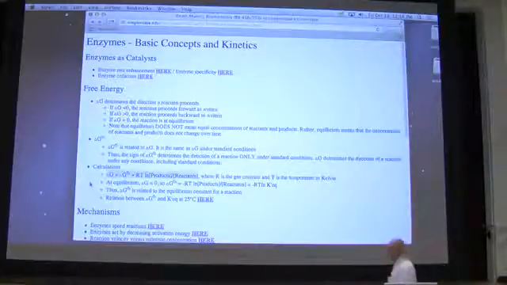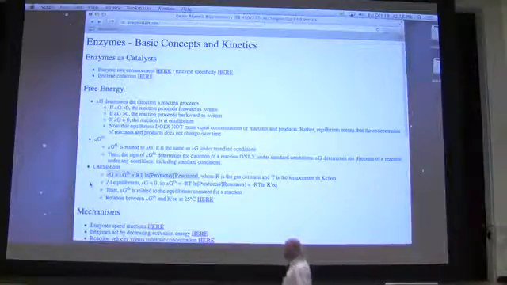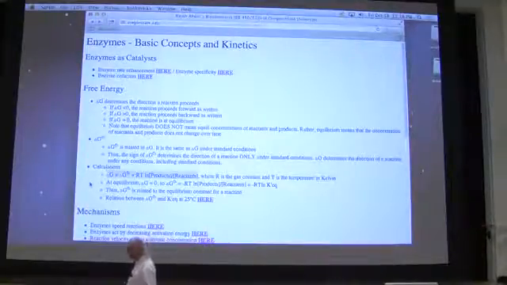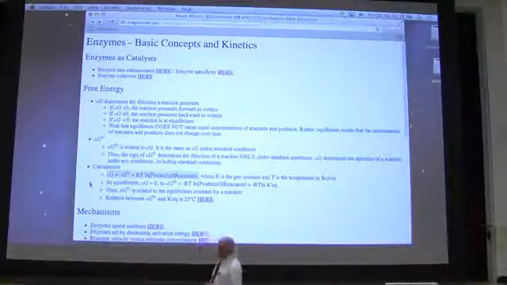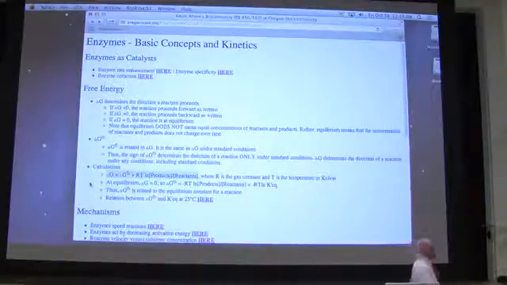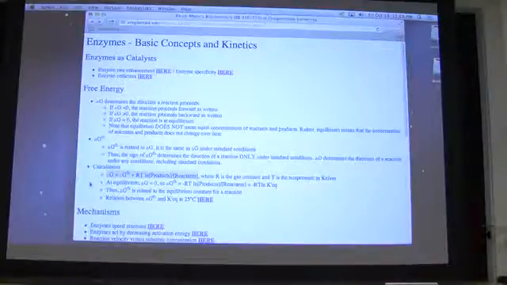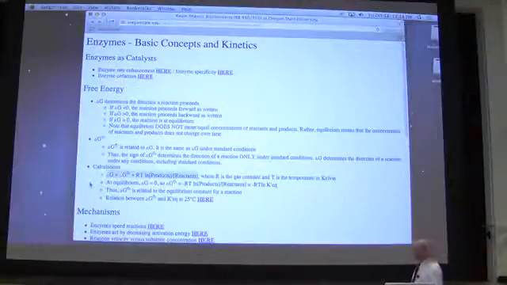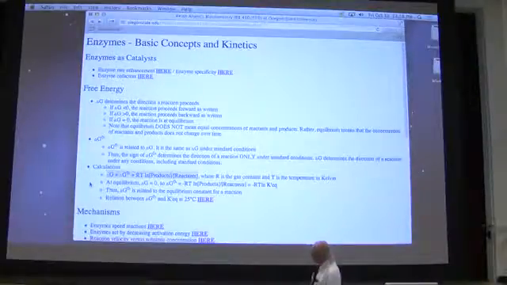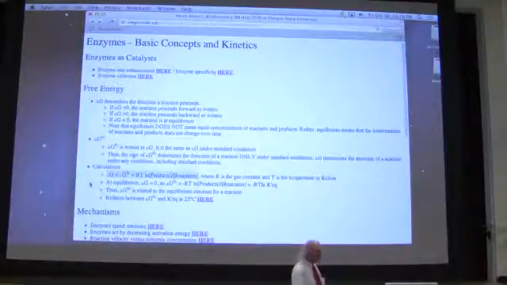It says that the overall free energy for a reaction, the delta G, is equal to the delta G 0 prime plus R, the gas constant, times the temperature, times the natural log of the concentration of the products over the reactants. That's what it says. What that says is that the delta G is equal to a different kind of delta G plus this term times the concentration of products and reactants.